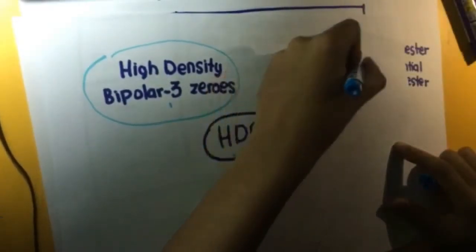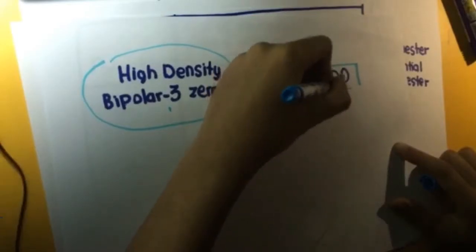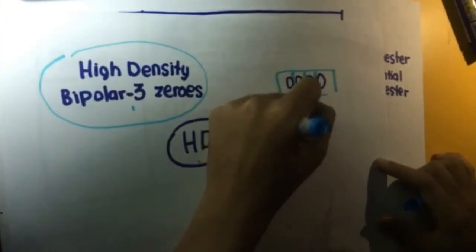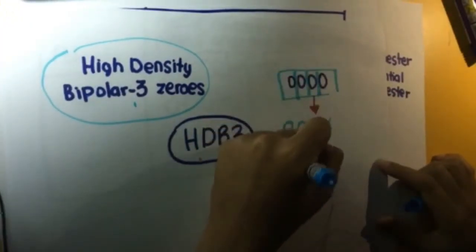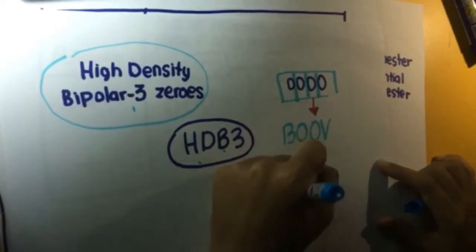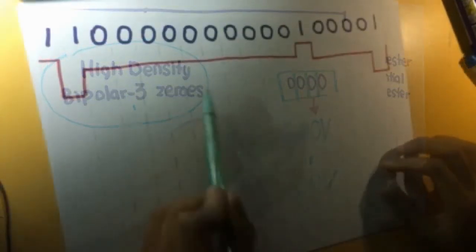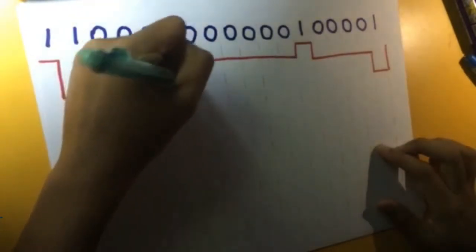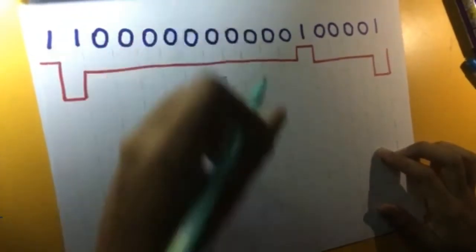HDB3 will replace 4 consecutive zeros, 1, 2, 3, 4, with B00V or 000V. Here's the example of an AMI signal.